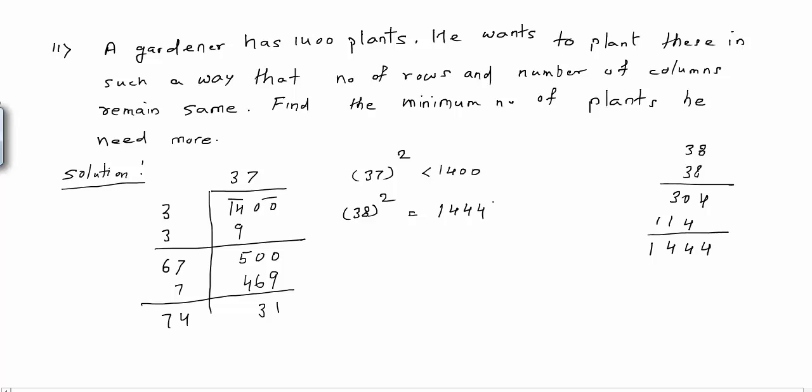I already have 1400 plants in the garden. Then to make it 1444, how many extra trees do I require? It is just 44 trees which I am getting from here.